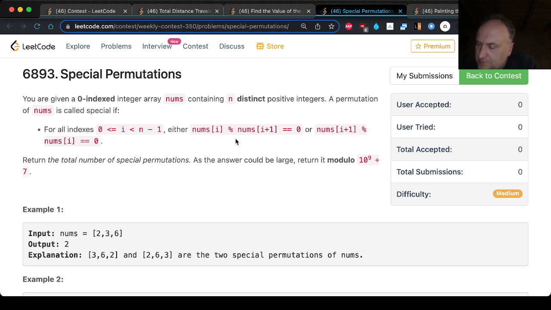So if we find the greatest common denominator between two, so what if prime? If the number is prime, no. Well, I need to put the rest one.